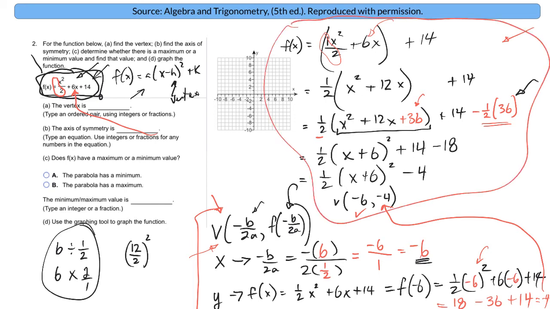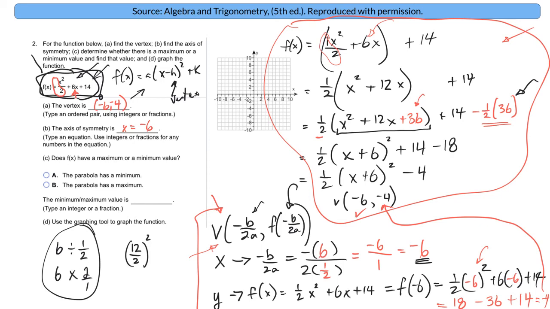Now, why don't we answer some of the questions that they also asked here, because that might help a little bit. So the vertex we found two ways is negative 6 and negative 4. The axis of symmetry is always that first number, so x equals minus 6. Does f of x have a maximum or a minimum?